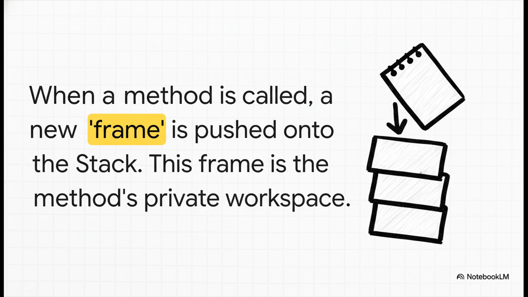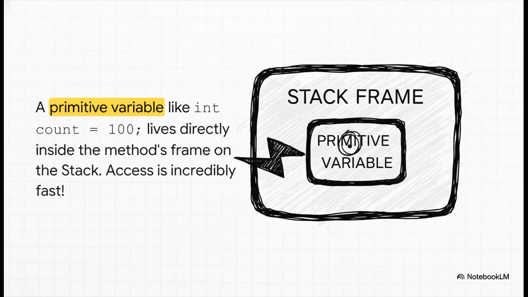And that frame is that method's own private little world. So check this out. When you declare a primitive variable, like our int count, inside of a method, it gets stored directly inside that method's frame, right there on the stack. The variable count and its value 100 live together in the same spot. This directness is what makes getting to it so incredibly fast.